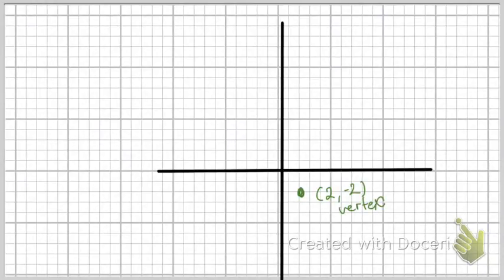Next thing we had was our x-intercepts. Our x-intercepts were at positive 1 and positive 3. We know the graph is opening up, so we're going to get a nice little graph that looks something like that. And that's really all we have to do on this. You find your vertex and you find your x-intercepts, and that's all.